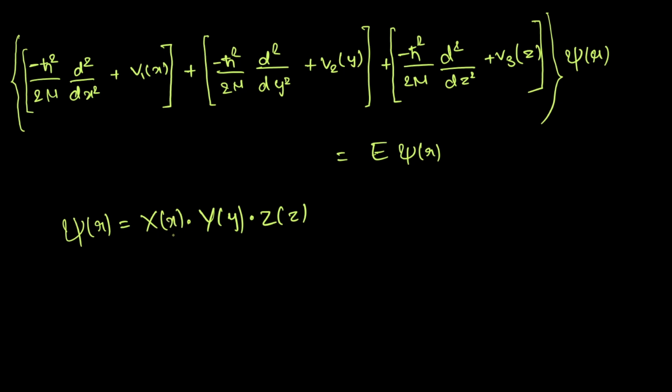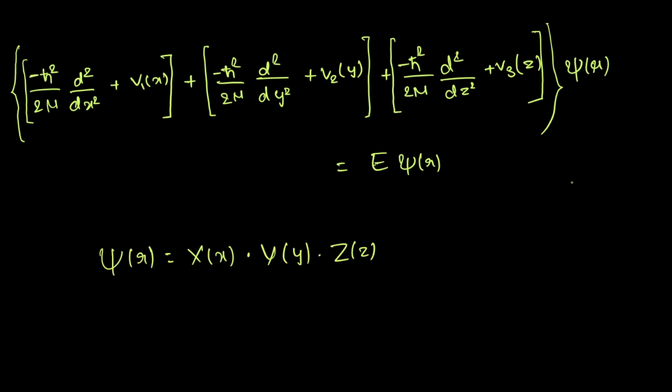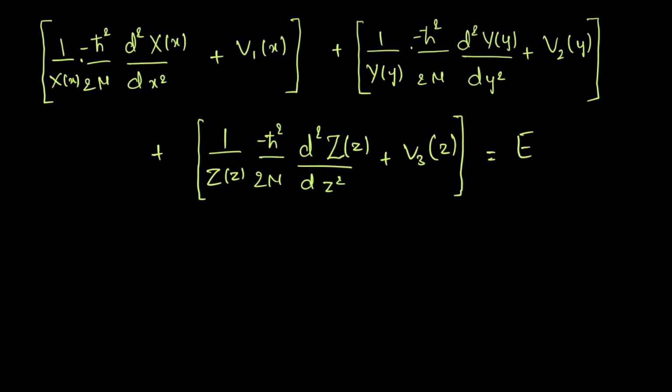So X is a function of x only, Y is a function of y only, and Z is a function of z only. Substituting this in the above equation and dividing throughout by the same three functions, the equation after simple simplification takes this form.